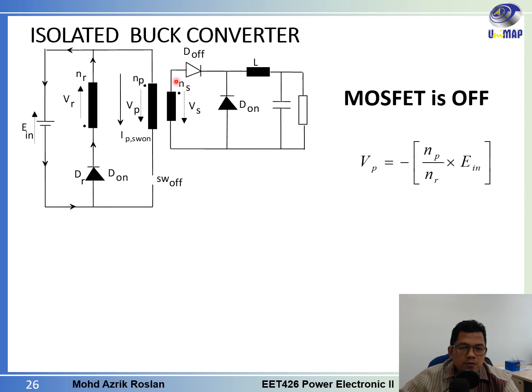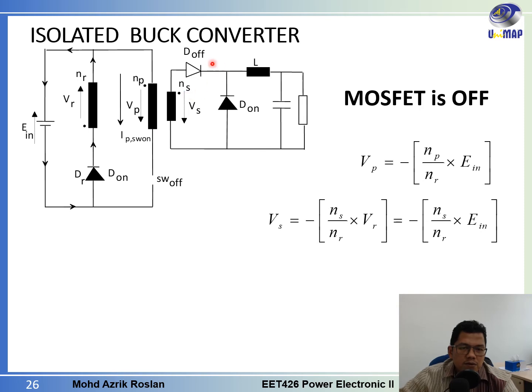That's why when we want to find the VP, we have to use the relation between NP and NR. As you know, the dot notation is inverse here, so we have the negative here. VP is equal to negative NP over NR multiplied by E in. So using the transformer relation, we can find the voltage at VP.